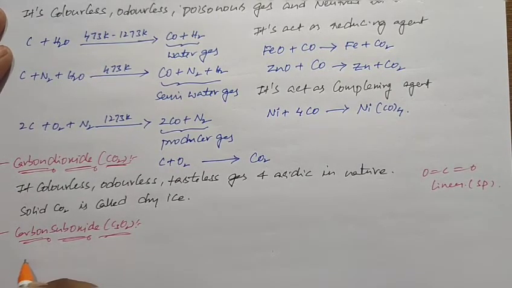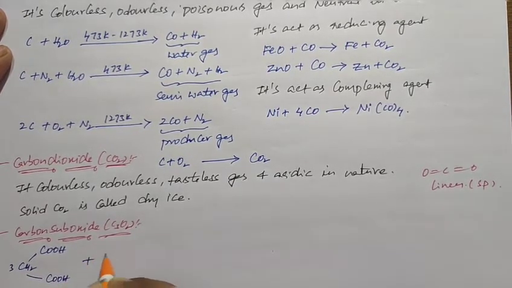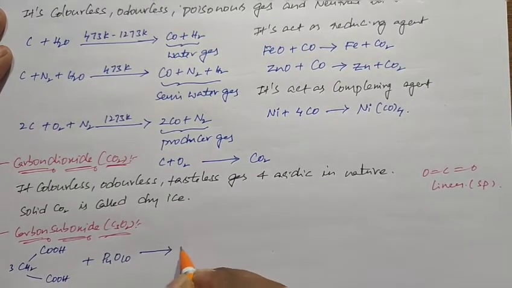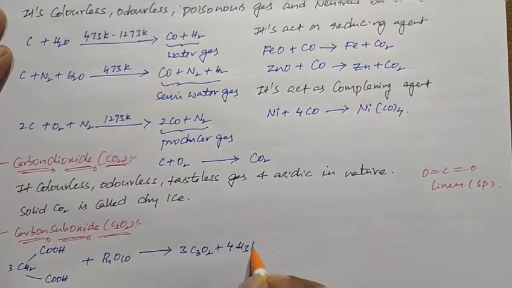Malonic acid's structure is COOH, CH2, COOH. So this is malonic acid. When malonic acid reacts with phosphorus pentoxide, it forms carbon suboxide and orthophosphoric acid.